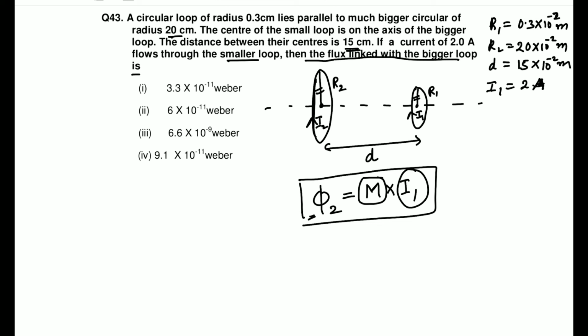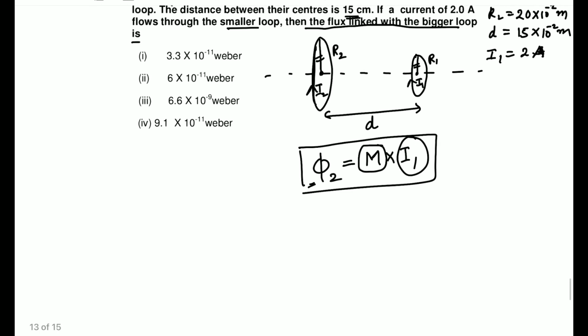So in order to solve this, I will assume that mutual inductance is actually a constant between any two loops, right? So what I will do here, I will simply assume that some I2 current is flowing through your second loop. Now because of this I2 current, there will be some flux induced in your first loop, right? And for that also you will have the same value of mutual inductance. Yes or no?